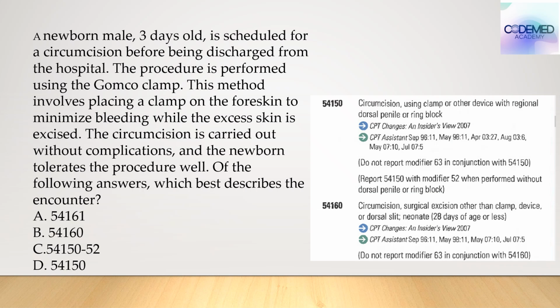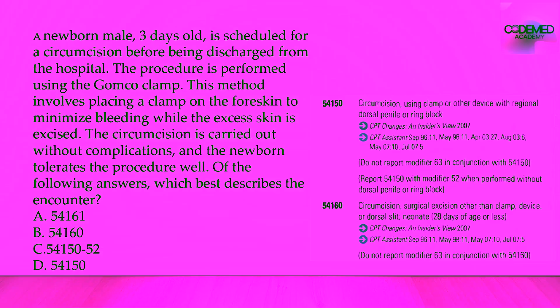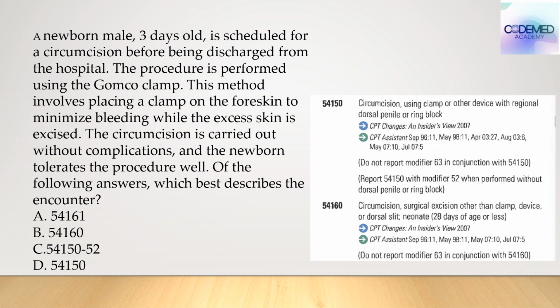So I can assume that anesthesia is not given. Take all those things into consideration and tell me the answer. So 54150 is the correct code because it is for the clamp and it includes anesthesia, but there is a parenthetical note which says that we have to use the modifier 52 when performed without dorsal or penile or ring block.